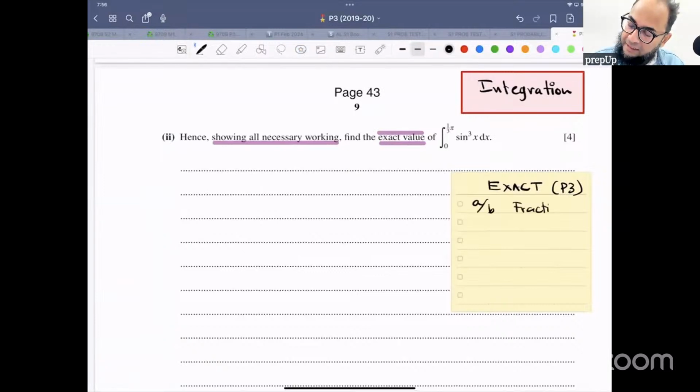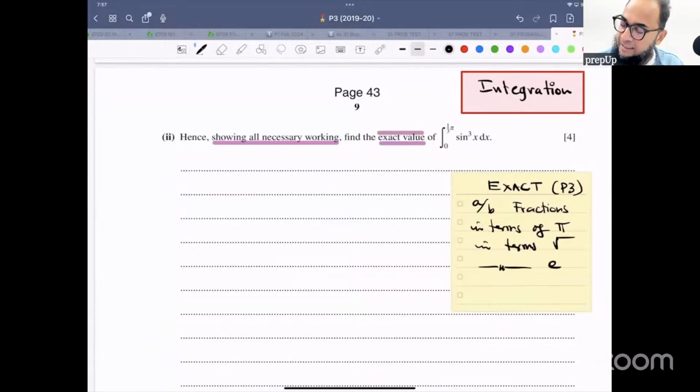The second is in terms of pi. The third is in terms of surds, radicals. The fourth is in terms of e, and the last is in terms of ln. The first 3 are also in P1. These two, in terms of e and in terms of ln, are specific to P3, but knowledge of P1 is also assumed.